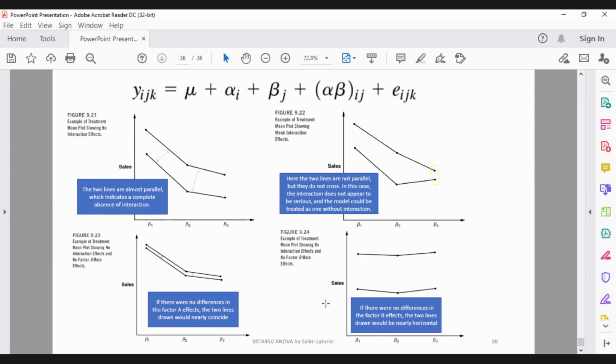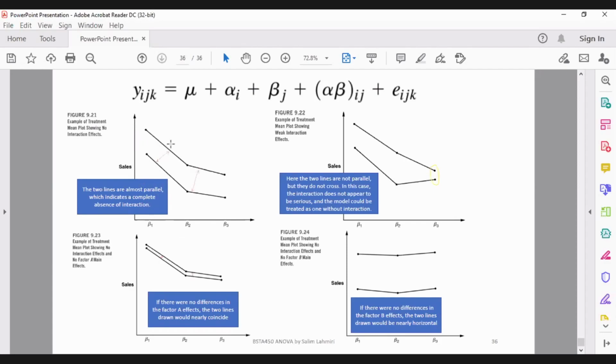Now let's look at some representations of interaction effects. This is an example where the two lines are almost parallel, which indicates a complete absence of interaction. We have beta 1, beta 2, beta 3.